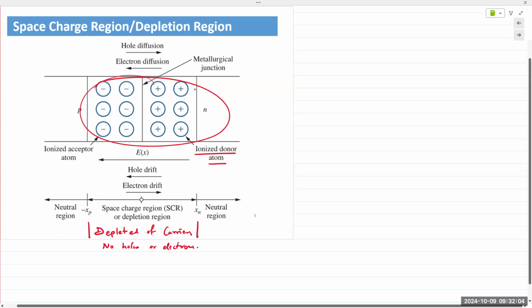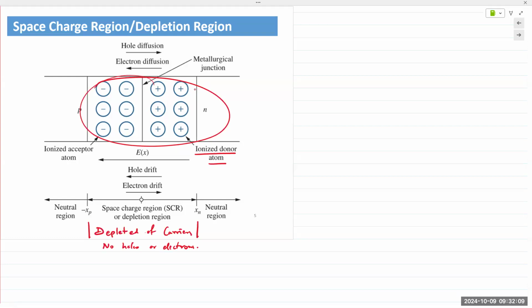And hence, it gives rise to a region that we refer to as the depletion region, because it is completely devoid or depleted of charge carriers. Electrons from the n-type, holes from the p-type, the other way around. They cross over, they go across the junction and move into the other material.